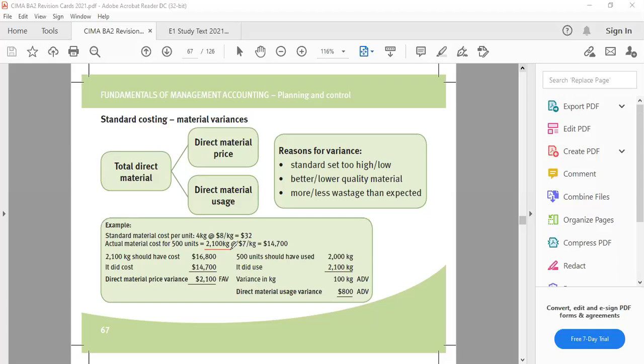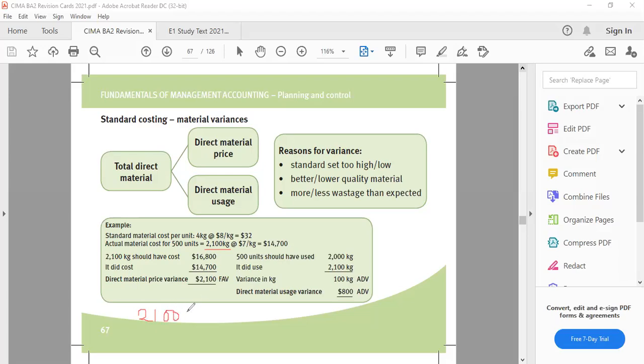Now find out the difference between the price. No matter how it is presented, I'll just explain the logic. 2,100 is the quantity of material.